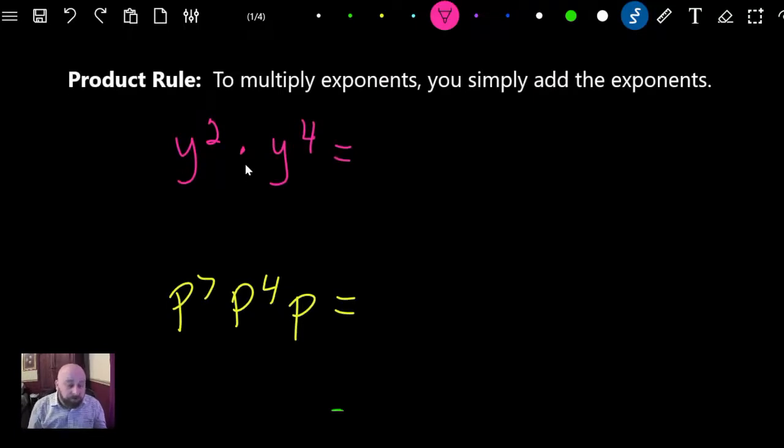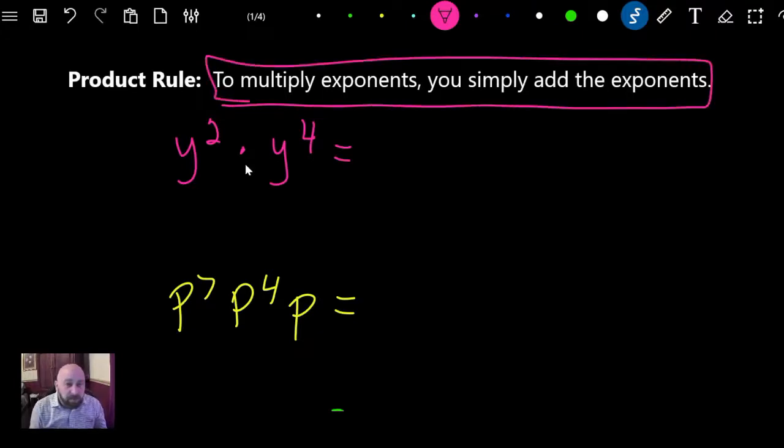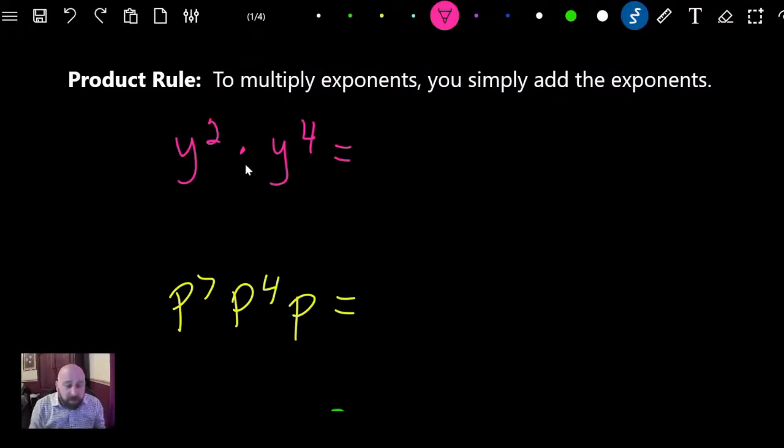It's called the product rule. In the product rule, you simply add the exponents. You're like, wait, what? You're blowing my mind here, Mr. Steve. What's going on? To multiply exponents, simply add the exponents. You just need to memorize that rule. You just need to apply that rule.